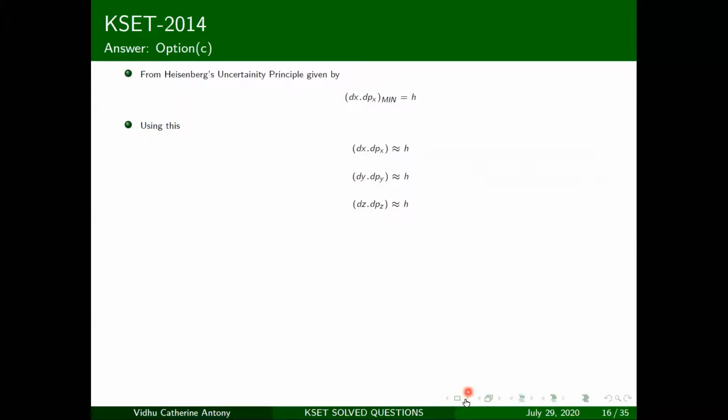The basic idea is that if this is your volume h cube, let's just draw it this way, although it's not possible to draw it this way, then if your phase space volume is less than h cube, you basically cannot fit anything into it.